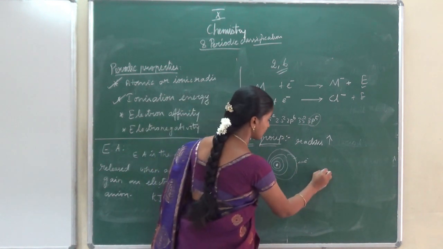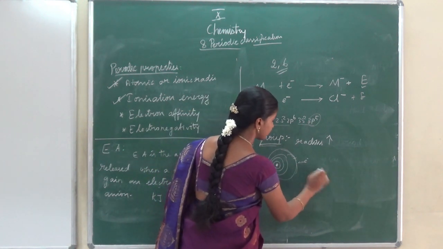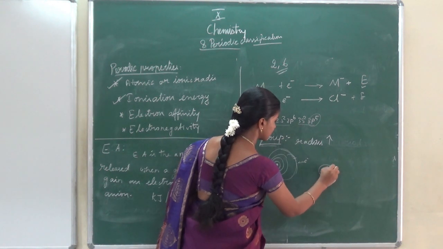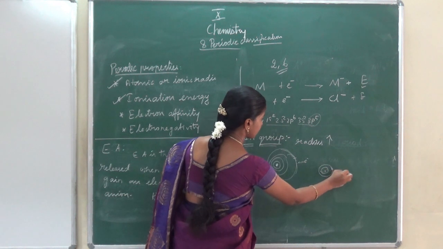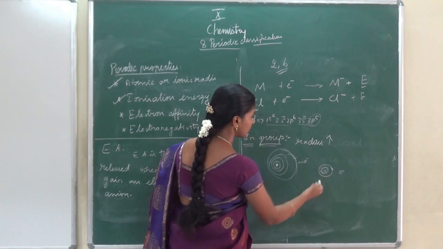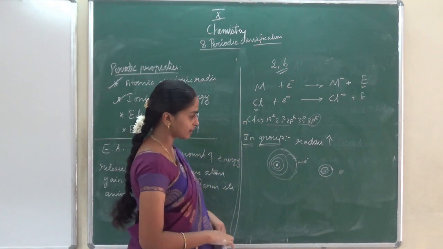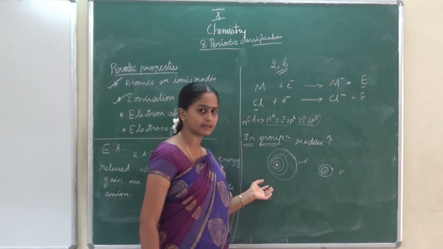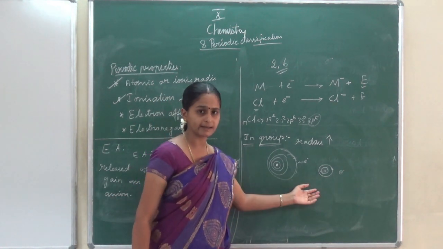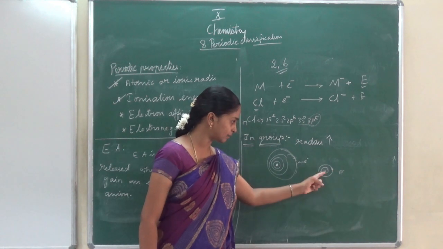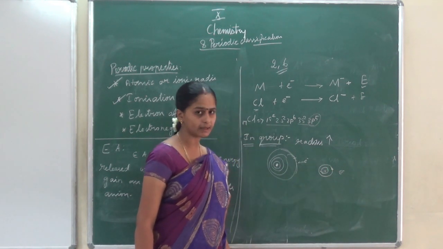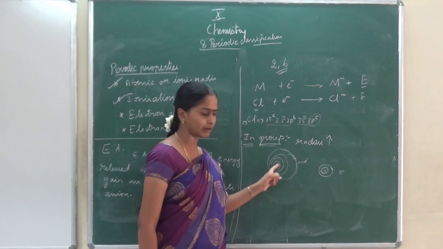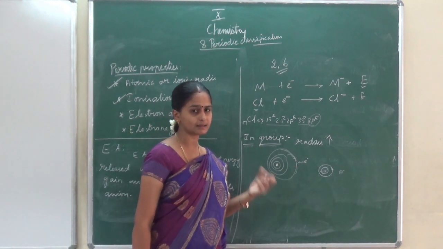Suppose the size is small like this. Now the electron is coming here. Among these two, who will easily gain an electron? The small radius or the large radius atom? The small radius atom easily gains the electron because the nuclear force is very close to the incoming electron, but the other is quite far away, so it cannot hold the electron so firmly.